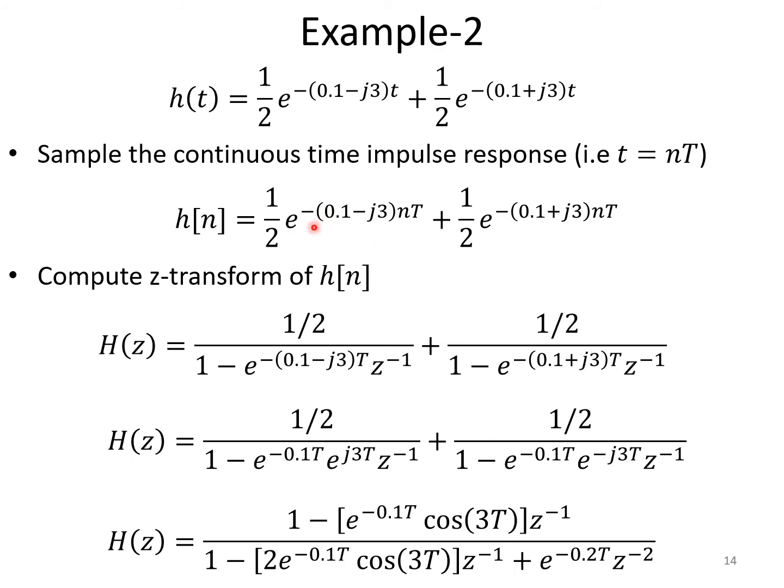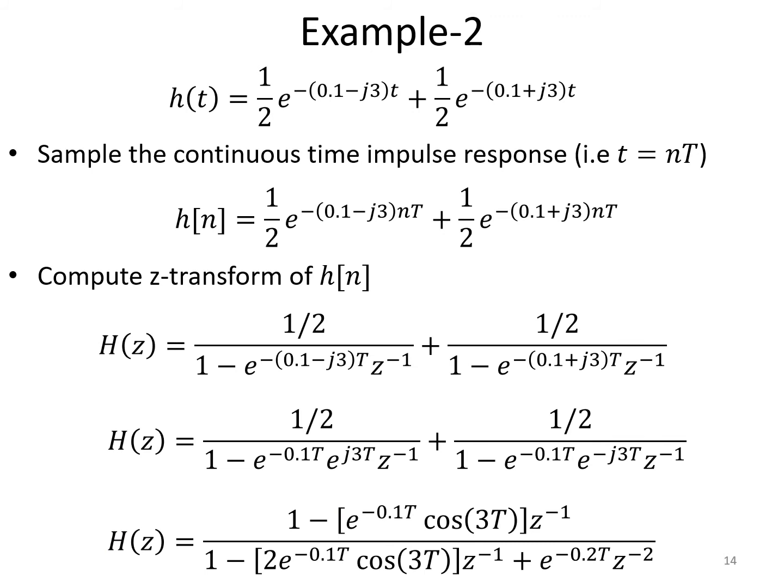So we know that the z transform of exponential is z upon z minus whatever the exponential is, or 1 upon 1 minus z to the power minus 1 multiplied by exponential. So after simplification, you will get this transfer function. This is the discrete time or digital transfer function of the band pass filter.